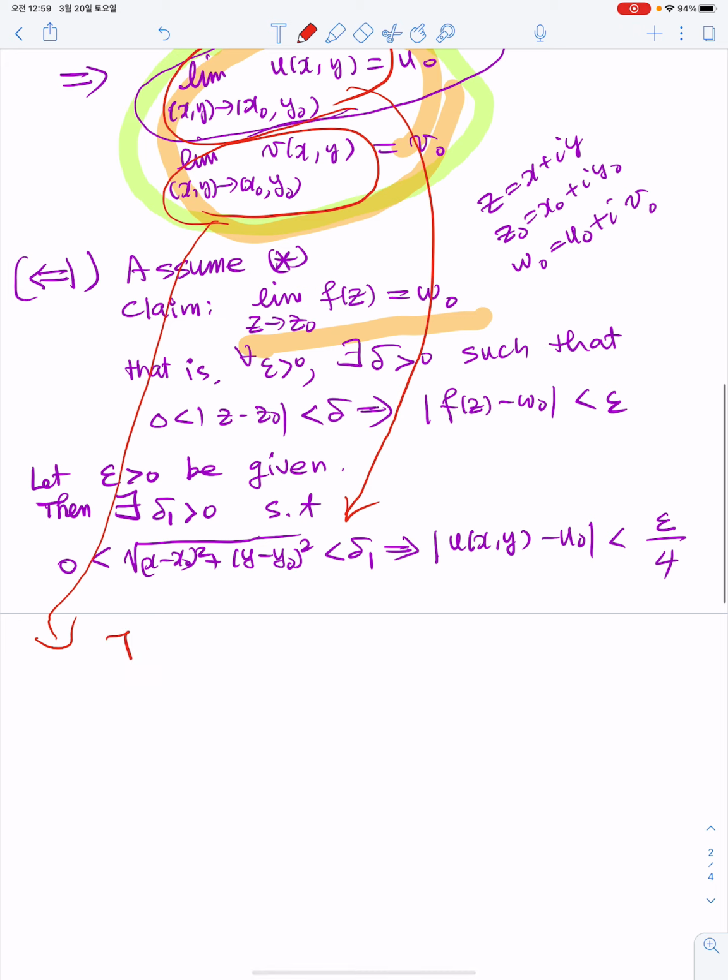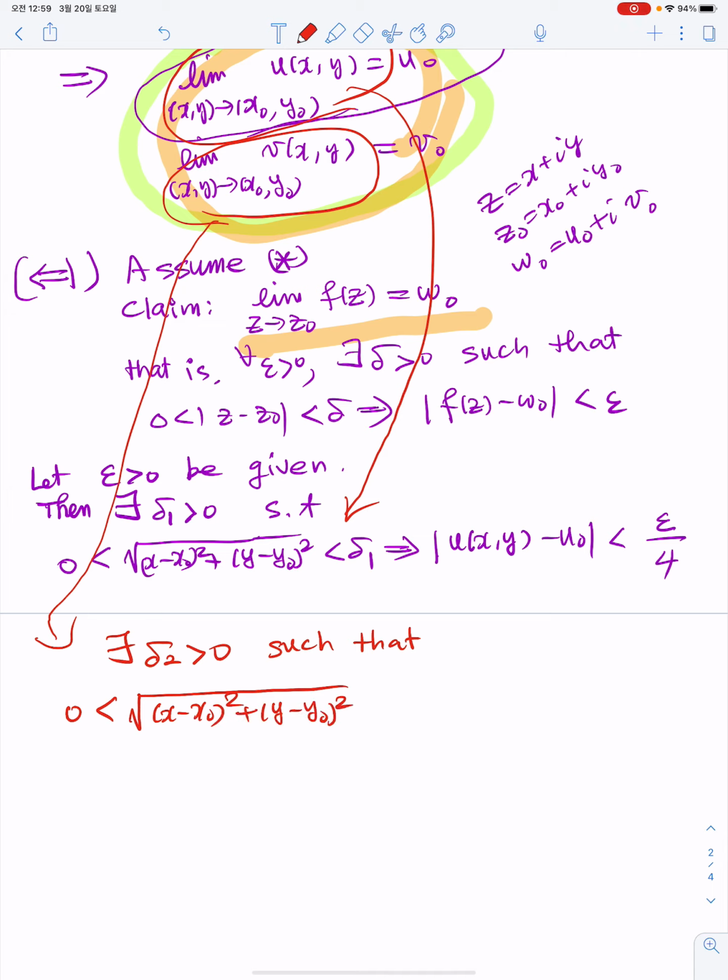So then there exists delta 2 positive such that if 0 is less than root of (x minus x0) squared plus (y minus y0) squared less than delta 2, then |v(x,y) minus v0| is less than epsilon over 4.